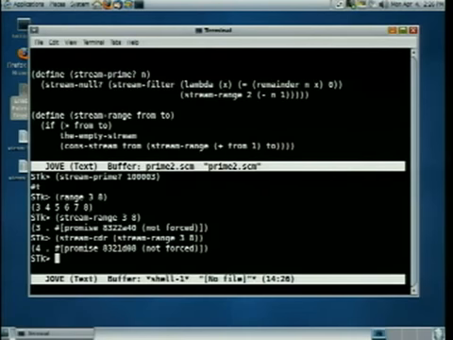No. I get a pair whose car is 4 and whose cdr is a promise to compute the range from 5 to 8. So each time you cdr this stream, you get one more element plus a promise. Is that clear? Everybody understand that? I know you don't know what a promise is yet, but you get the idea of what a promise is for, right? Any questions?